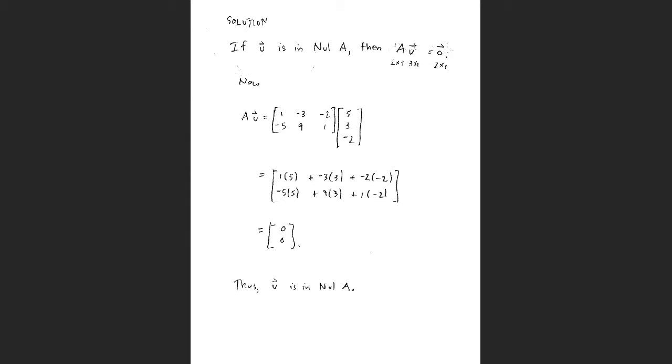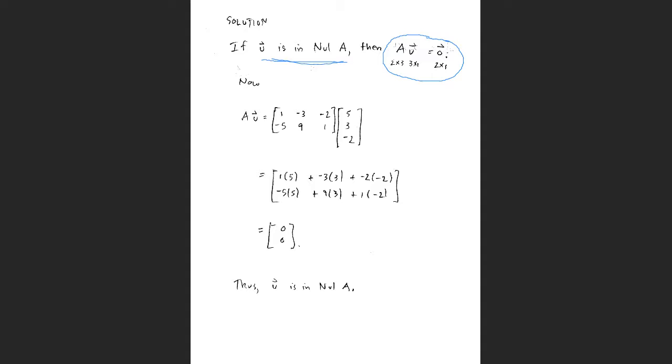If the vector U is in the null space of a matrix A, then that means that A times U equals the 0 vector. That's what a vector being in the null space means.